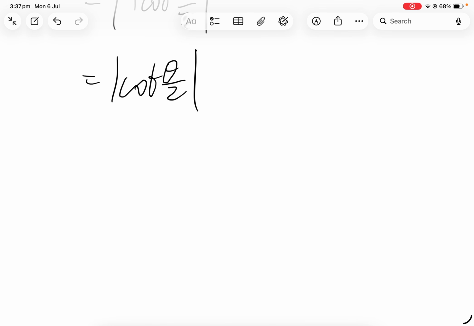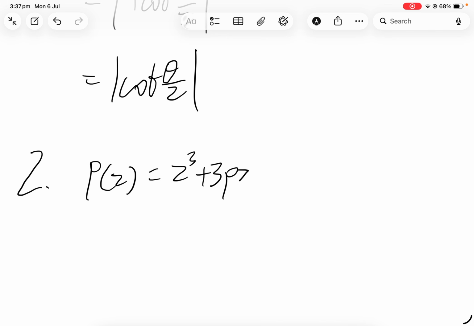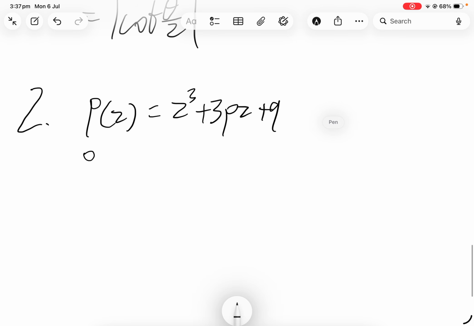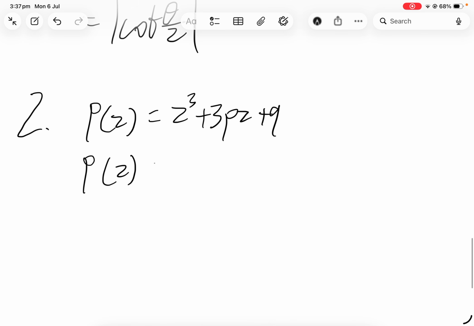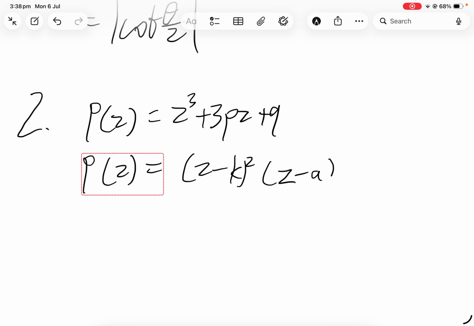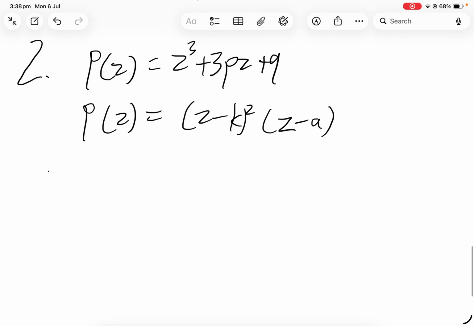Oh, we move on to the next question. Question 2 says let p(z) equal z³ + 3pz + q. It is known that p(z) equals (z − k)²(z − a).